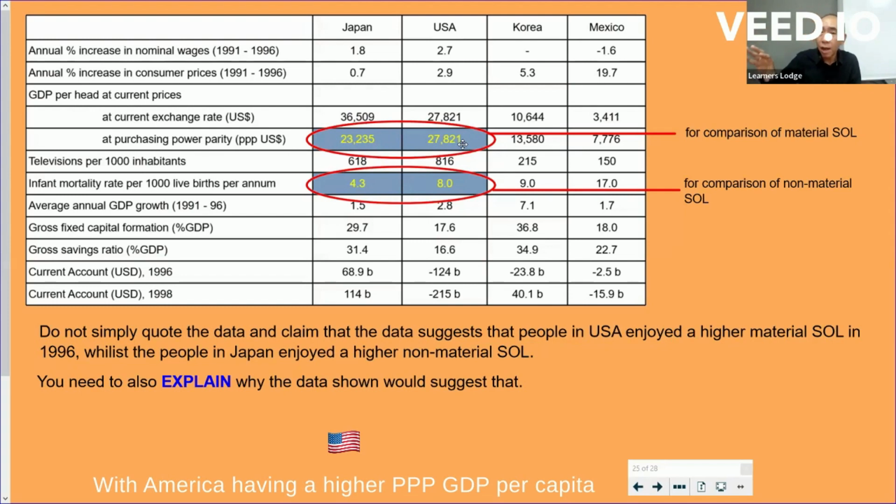With America having a higher PPP GDP per capita value, this allows us to draw some conclusion that on average per person, the Americans enjoy a higher purchasing power than the Japanese people. When I say Japanese people, I don't necessarily mean nationality, but people in Japan, because GDP is less about nationality, it's about the people within Japan in 1996.